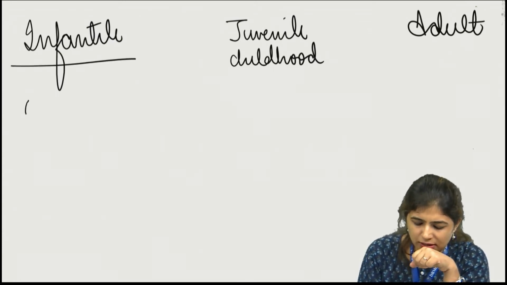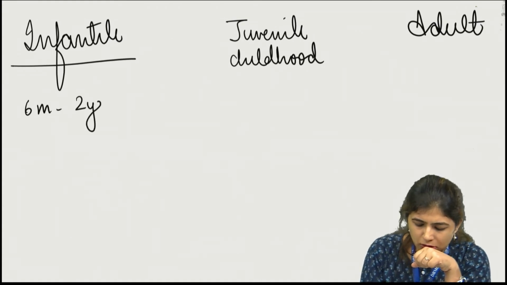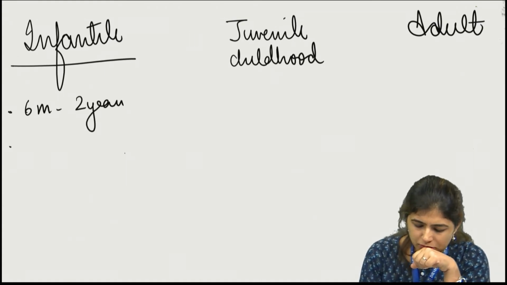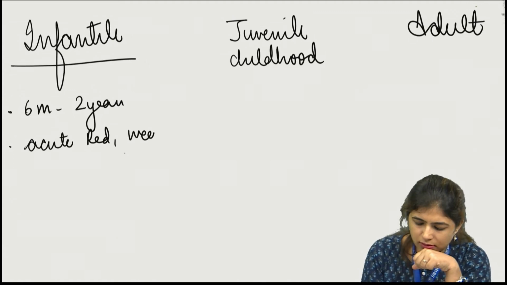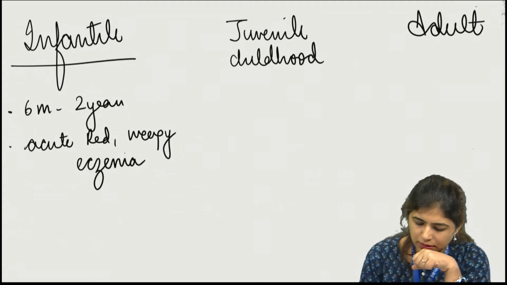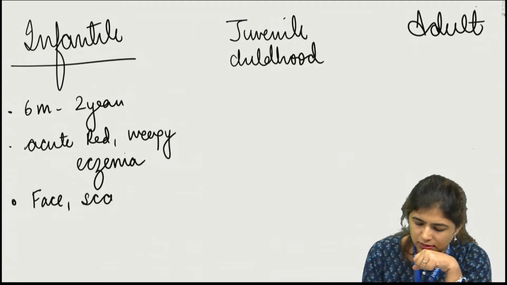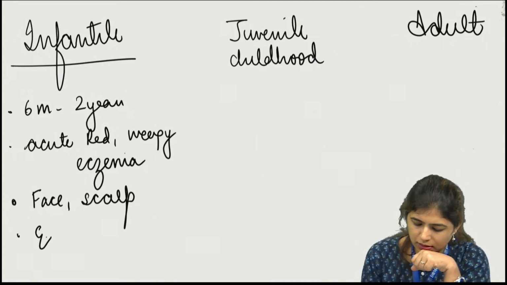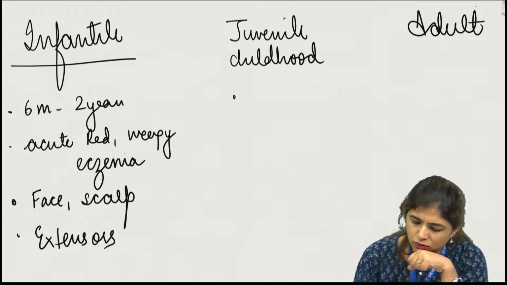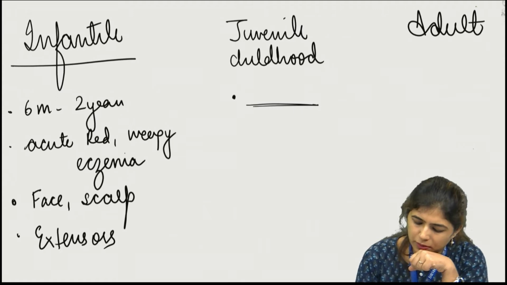Infantile generally starts around 6 months to 2 years of age. You have acute red weeping eczema seen on the face, scalp and the extensors. Juvenile is generally any time during the childhood.